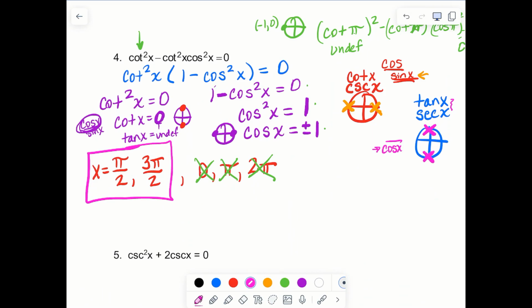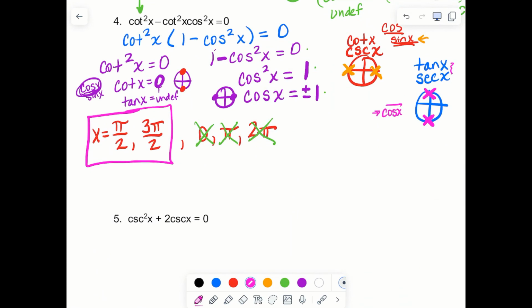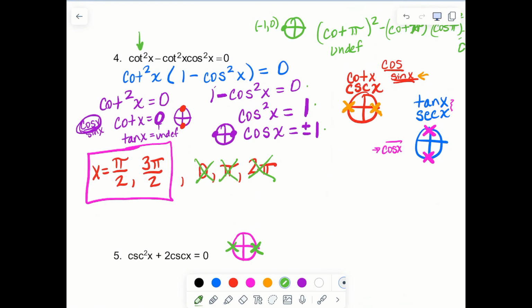Now, how you do these problems is up to you. There are some people from the get-go, for example, in number 5, I see cosecant and I do it first. I go, hey, it has cosecant, so I am going to throw out this and this. I know if I get that for an answer, I have to throw it out. Other people say, I'm not going to do it from the beginning.